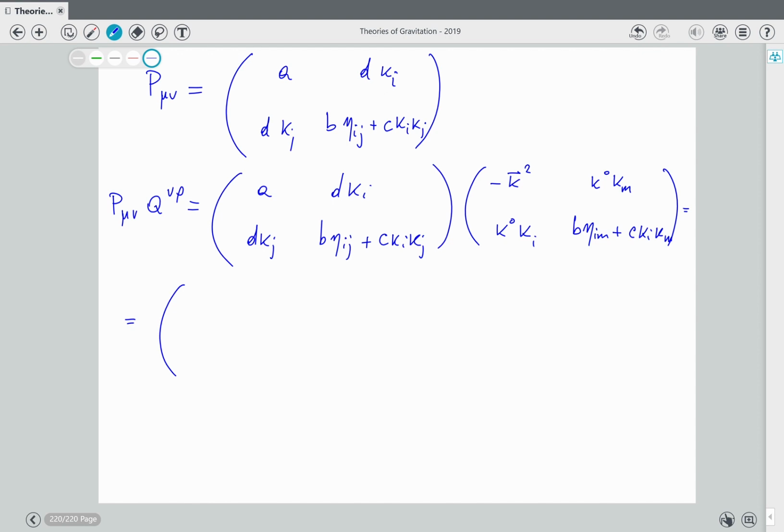So let's first multiply this by that and that. So the first row times the first column, that's minus A k squared plus D k0 space k squared. You can collect a space k squared.